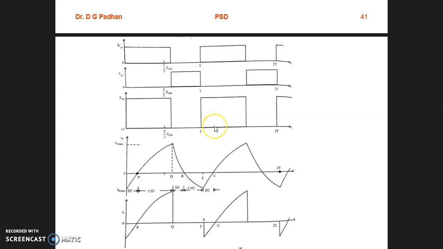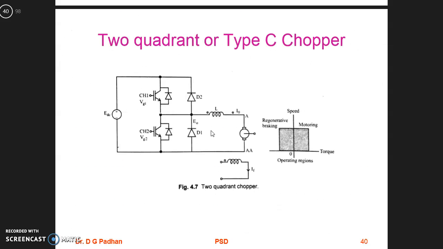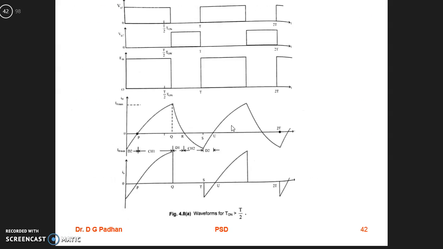If the current enters at terminal A of the armature, it is considered positive; if it comes out from terminal A, it is considered negative. During the interval OP, the current is negative.